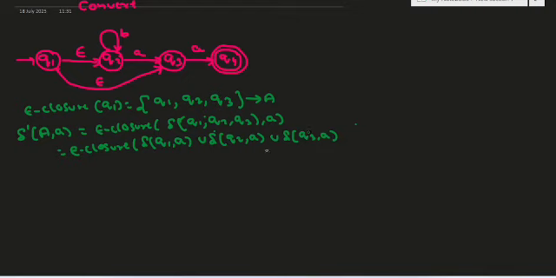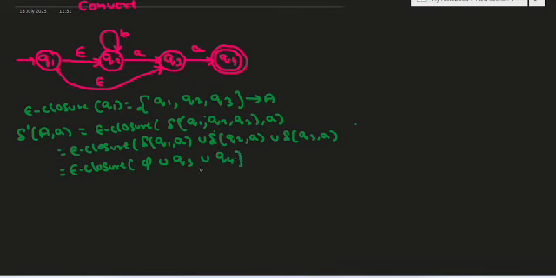Now, a cannot be applied in Q1, but it can be applied in Q2 and Q3. When a is applied in Q2, it goes to Q3. In Q3, when a is applied, it goes to Q4. So, this is the only possibility. Now, epsilon closure: Q1 with a results in phi, Q2 results in Q3, and Q3 results in Q4.